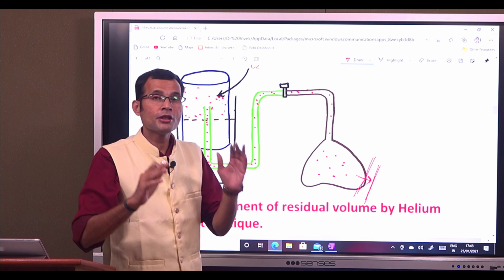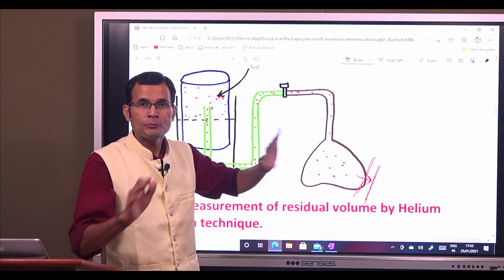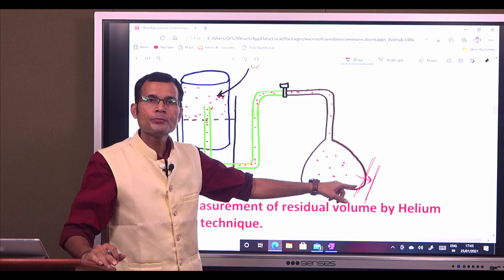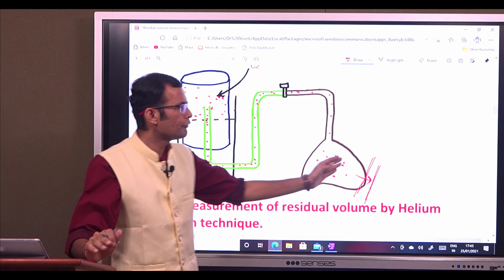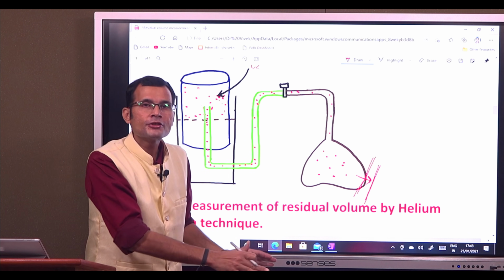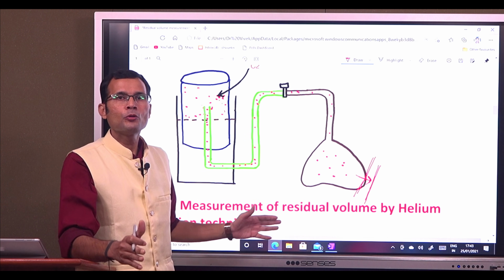We don't want the gas to escape this volume which we are about to measure, right? And therefore helium suits perfectly for that. It will not diffuse and go into the blood. It will remain constant. The mass of helium will remain constant throughout the experiment.